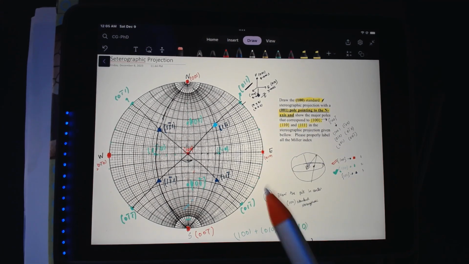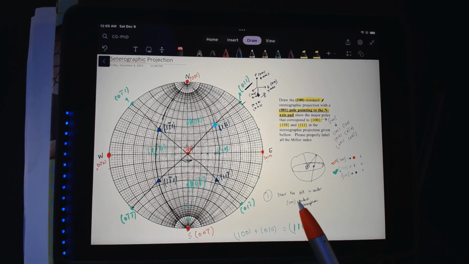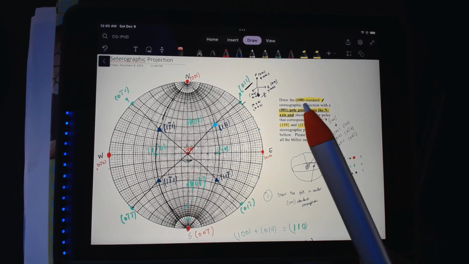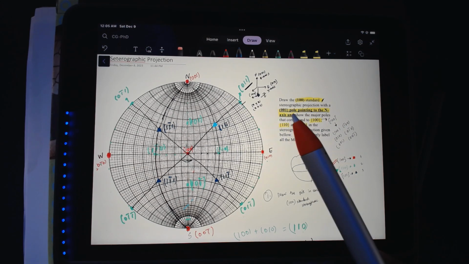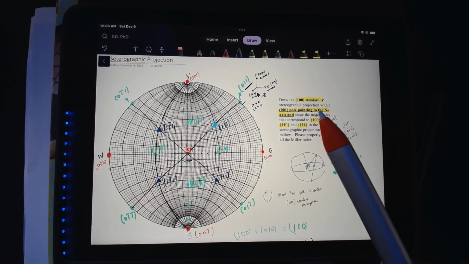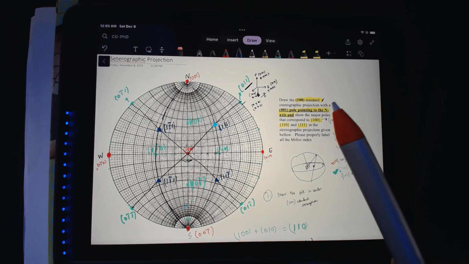And how did we begin? We first drew the center point, which was the requested standard stereographic projection. Then we marked the other pole that is provided to us. In this case, it was the north axis. It could be the south axis, the east axis, you could be given any axis.